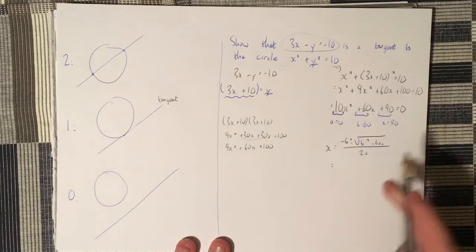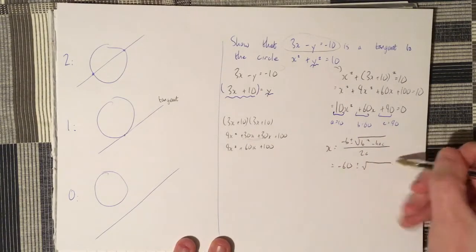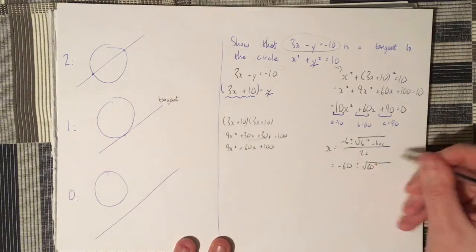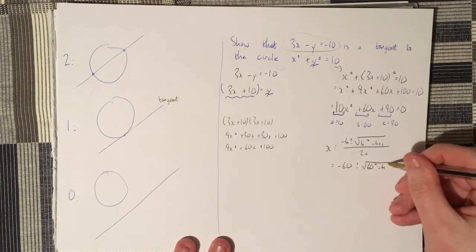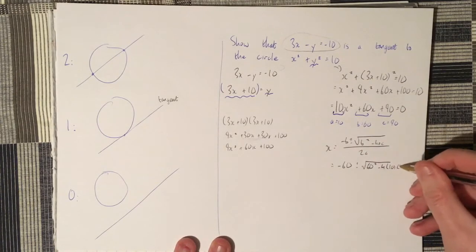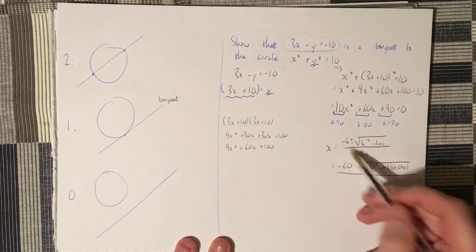Minus b is going to be minus 60 plus or minus the square root of b squared, which is 60 squared, minus 4 times a, which is 10, times c, which is 90, all over 2a, so that's all over 2 times 10.